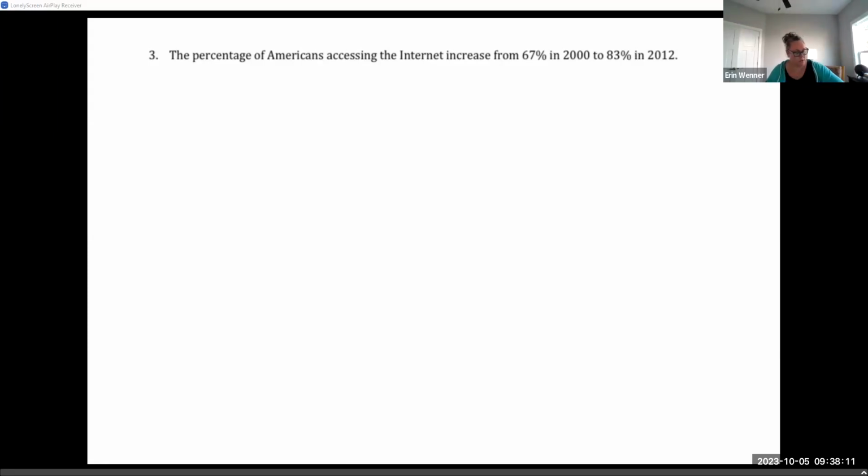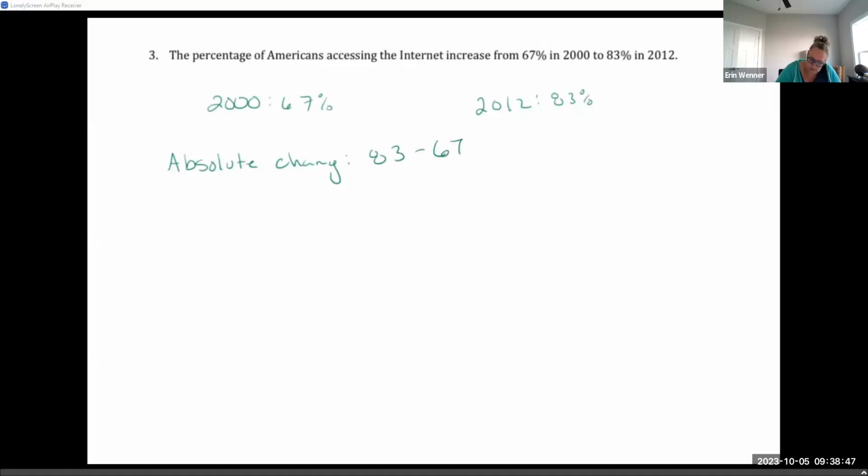So in 2000, it was 67%. And then in 2012, it was 83%. So obviously this increased, right? If we think about the change in percentage points, the absolute change, we're going to take our new amount minus our original amount, and we can see that it changed by 16 percentage points.